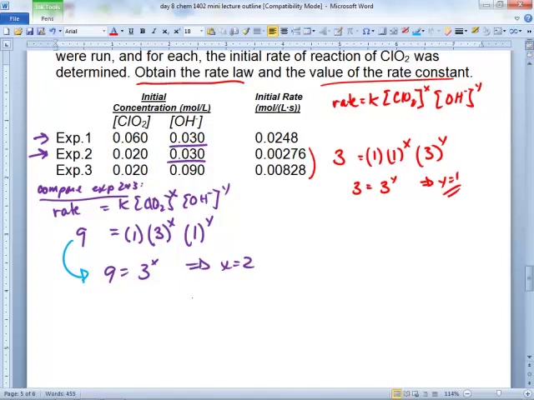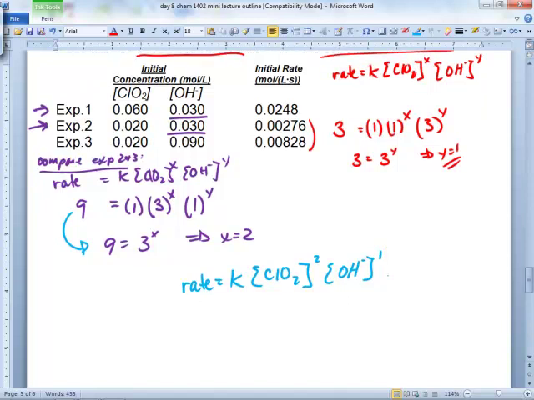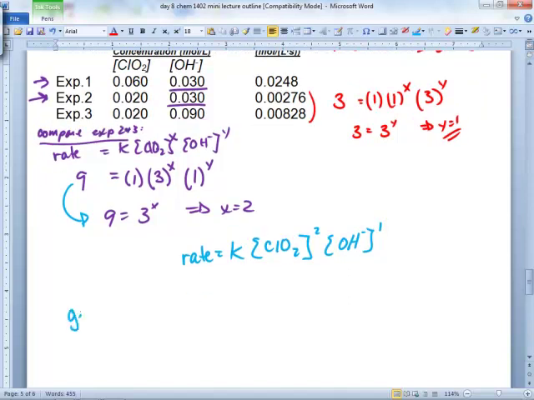Okay. So now we can write our rate law. Our rate is equal to K ClO2 raised to the x, but the x is 2. Hydroxide raised to the y, but the y is 1. Now we have to get the K. Get K, and we're done.